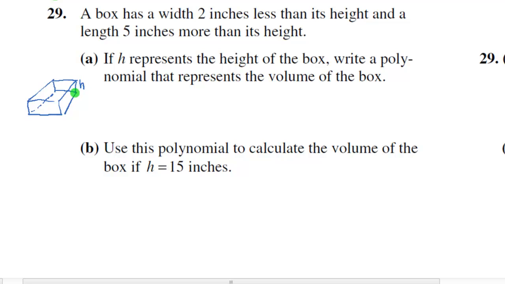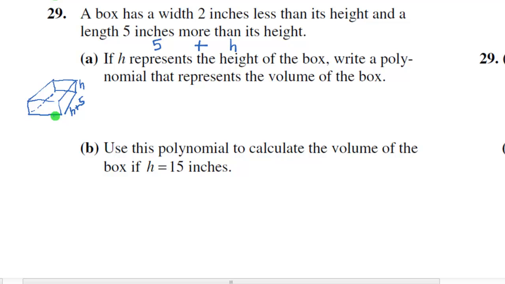That's our h, okay? And then this is our length. And our length is 5 inches more than the height. 5 inches more means plus. And then the height we said was h. So our length is h plus 5.